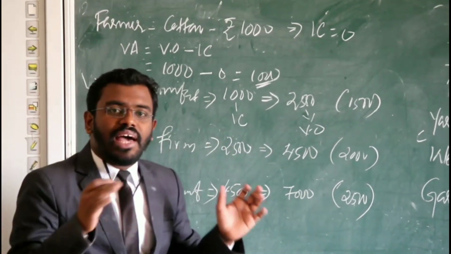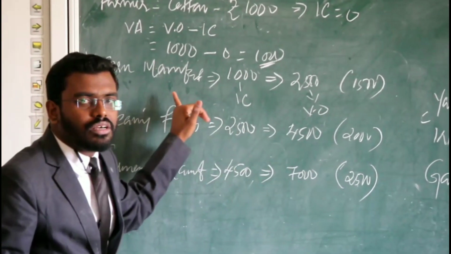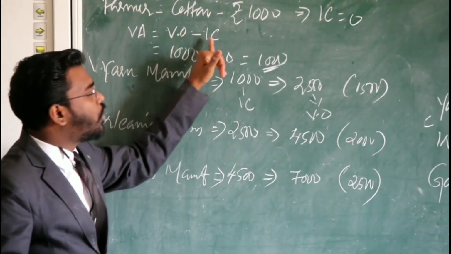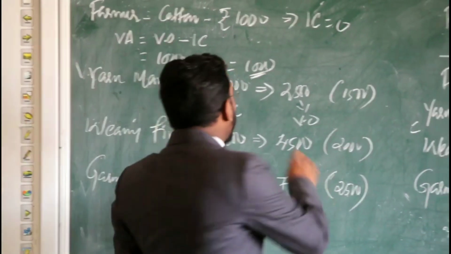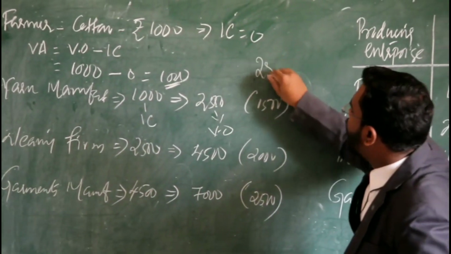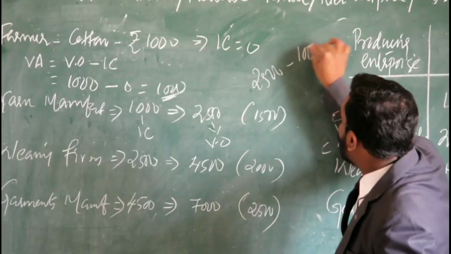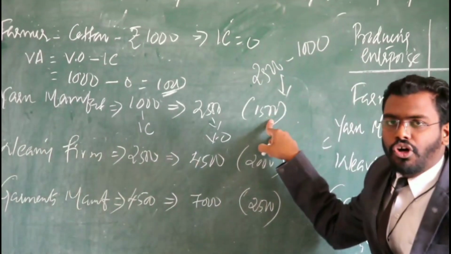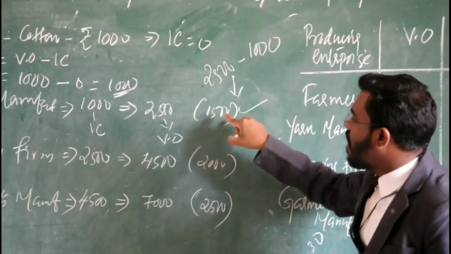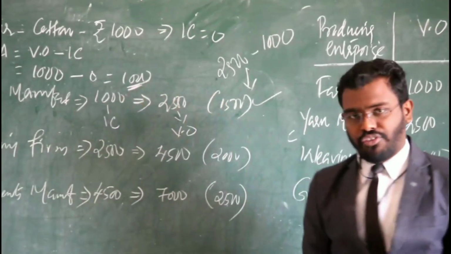And what is the value addition of this yarn manufacturer? What is the formula? Value of output minus intermediate cost. Value of output is 2,500 minus 1,000, the intermediary cost. So that is equal to 1,500. That is value addition of the yarn manufacturer.